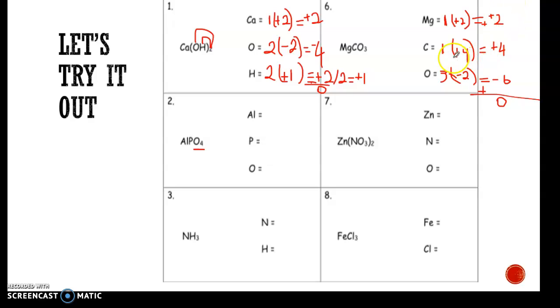So carbon's individual oxidation state is +4. But magnesium carbonate, MgCO3's total oxidation state is 0. Alright? Each element will have its own individual oxidation state within the compound. But the compound's total oxidation state will always equal 0.